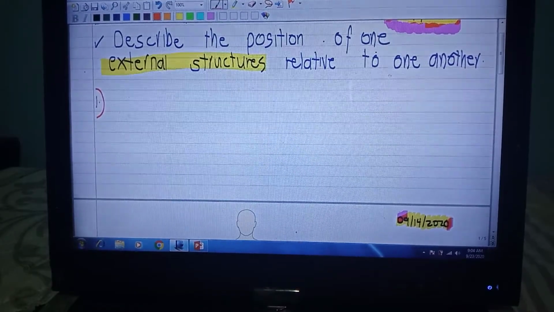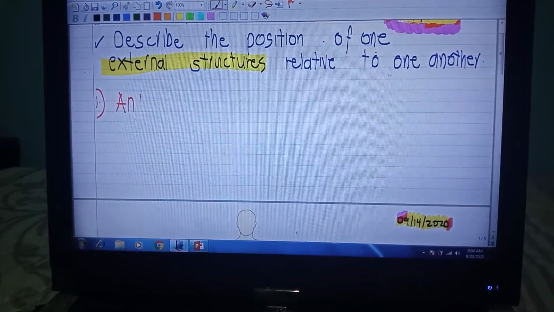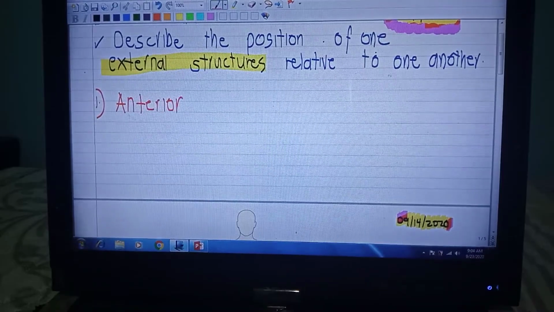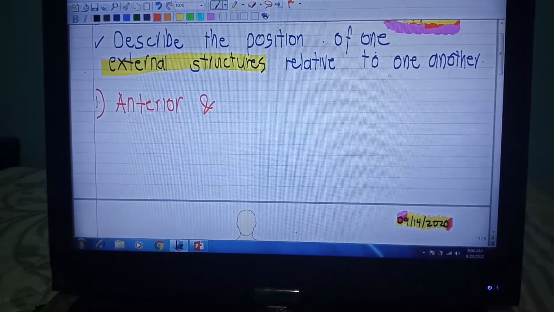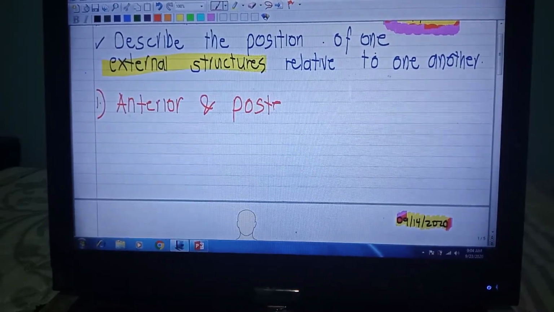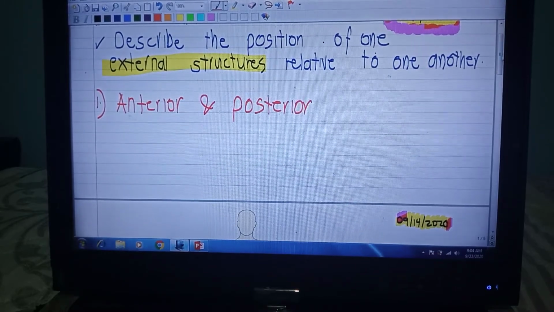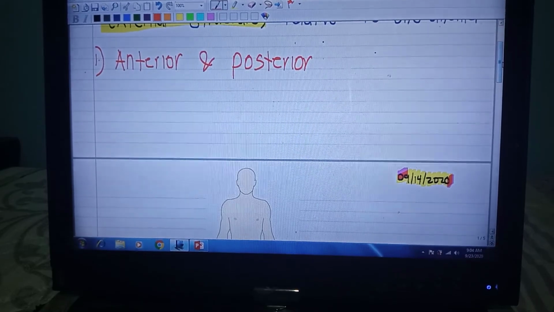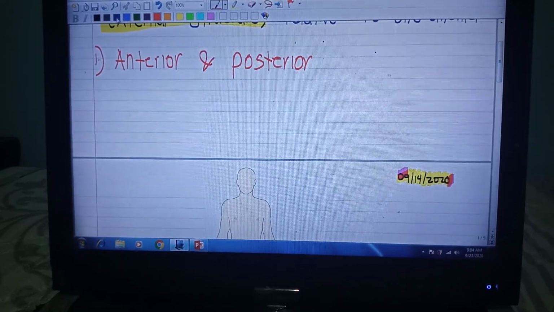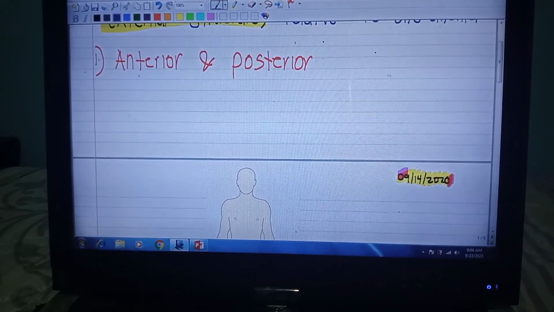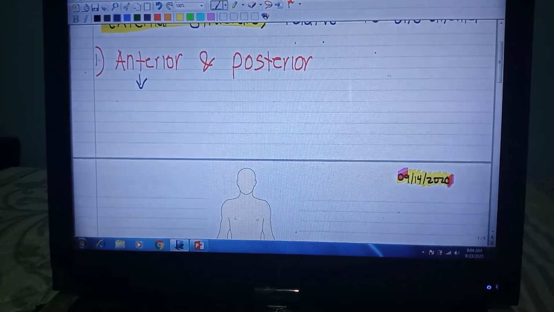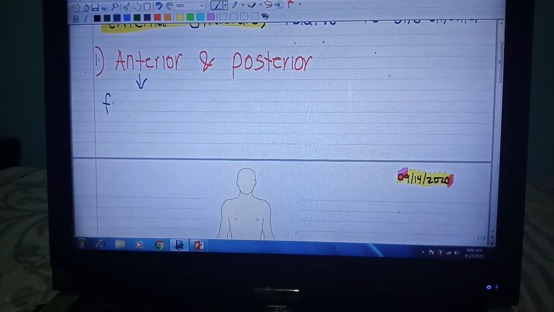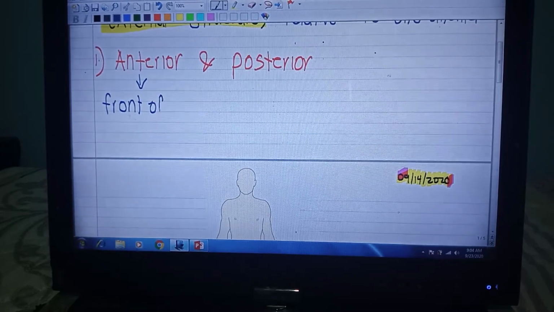We have your anterior and your posterior. Anterior is the front of the body.